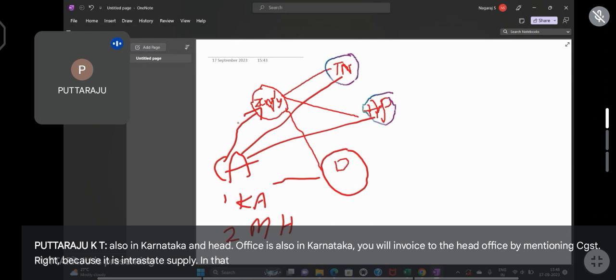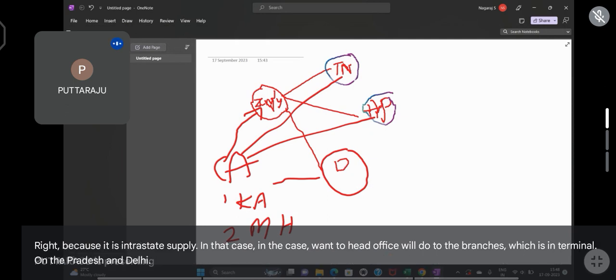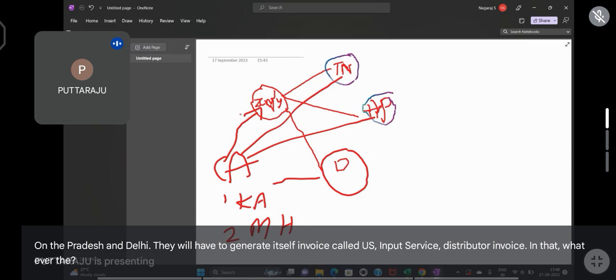In that case, what the head office will do to the branches which are in Tamil Nadu, Andhra Pradesh and Delhi, they will have to generate the self invoice called input service distributor invoice. In that, whatever the GST the head office would have received will be allocated to the respective branches as IGST.